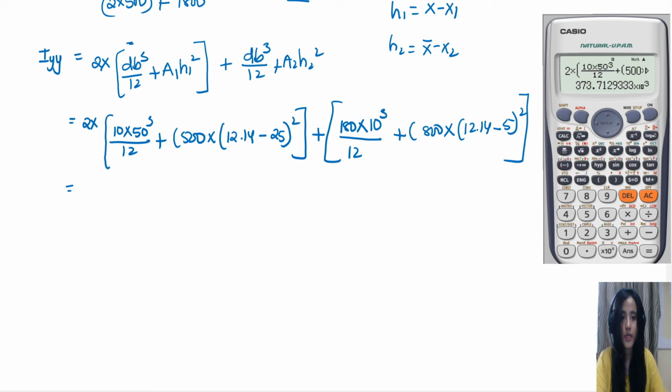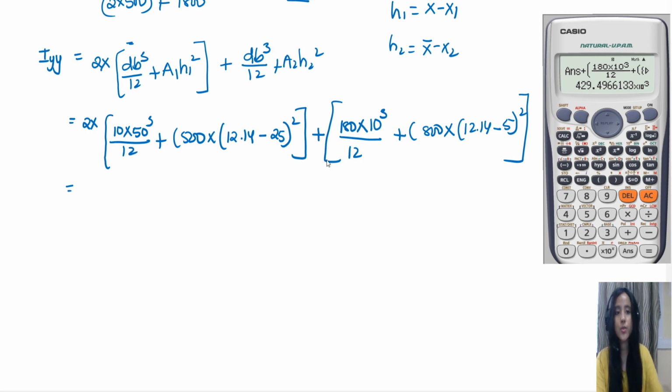So this is my Iyy 1 and 3, plus 180 into 10 cube divided by 12 plus 1800 into 12.14 minus 5, the whole square.